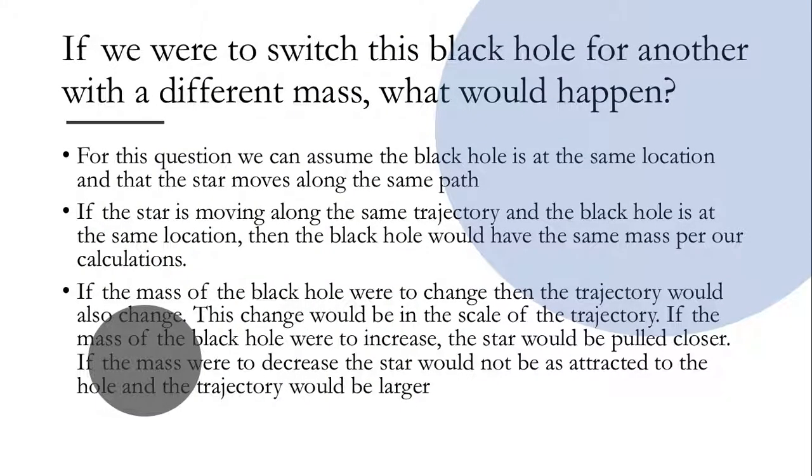If we were to switch this black hole for another with a different mass, what would happen? For this question, we can assume that the black hole is at the same location and the star moves along the same path. If the star is moving along the same trajectory and the black hole is at the same location, then the black hole must have the same mass in order to have the same trajectory.